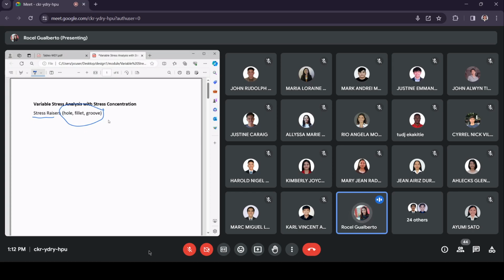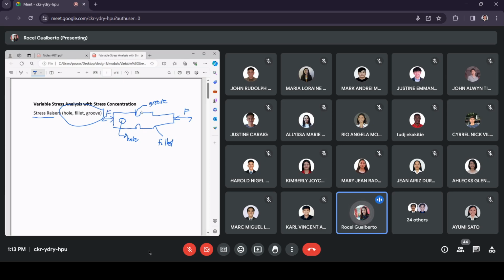Say this is the machine member, wherein you have a groove, then a sudden reduction of the cross section, that is your fillet, and then the hole. So this one is the hole, this one you call the groove, and this one you call the fillet. These are the surface discontinuities in a machine member.